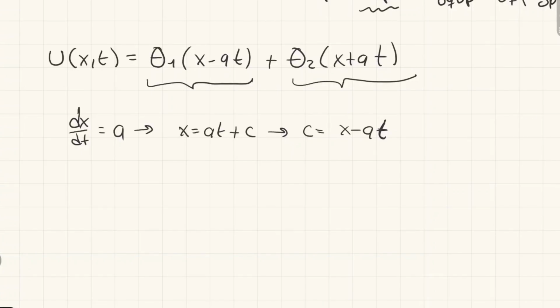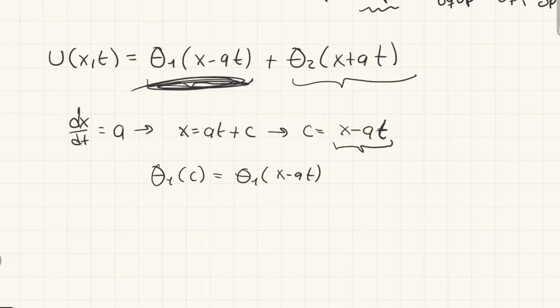So if we think of an observer that is moving with the wave with velocity a to the right, well, the value of the function is going to be constant all the time. And the argument of the function is going to be, well, x minus at. So it will be like theta 1 of c equals theta 1 of x minus at, which is this element over here that, again, corresponds to the wave moving to the right, as we mentioned here.